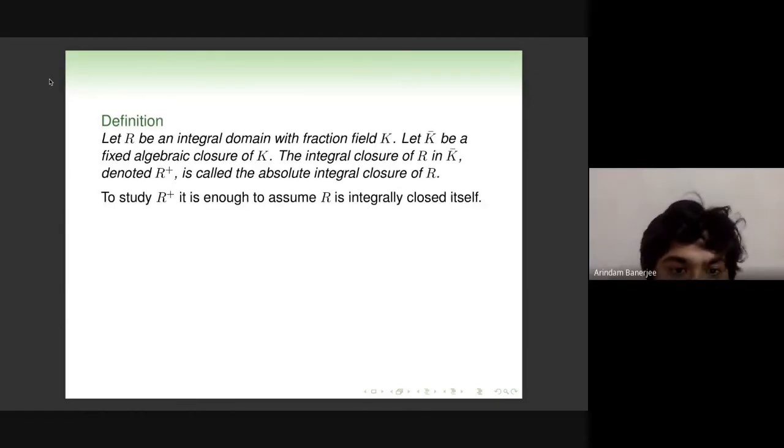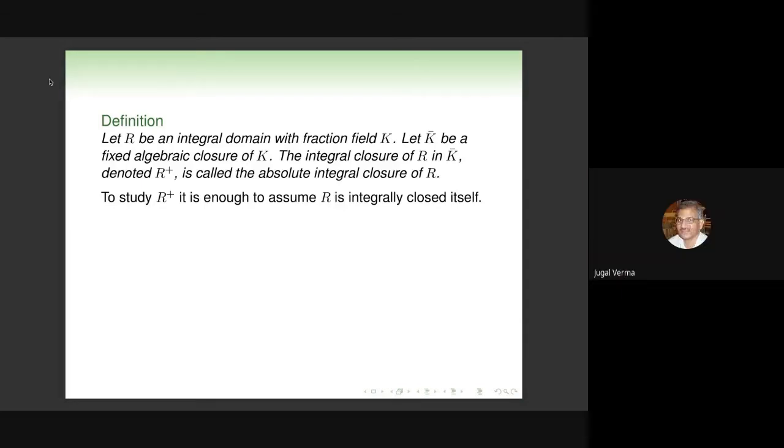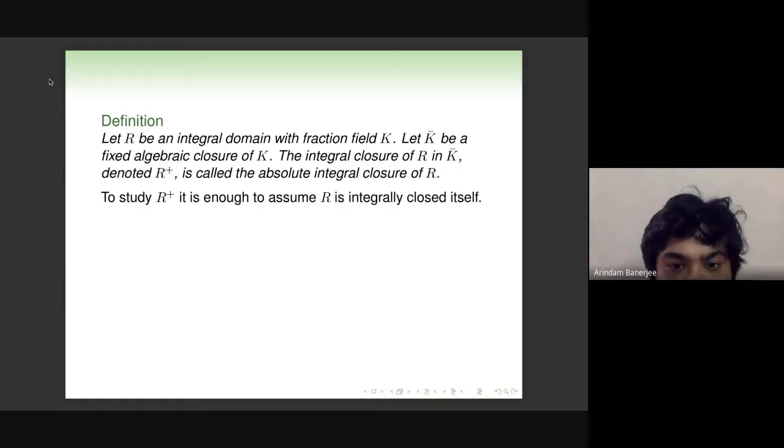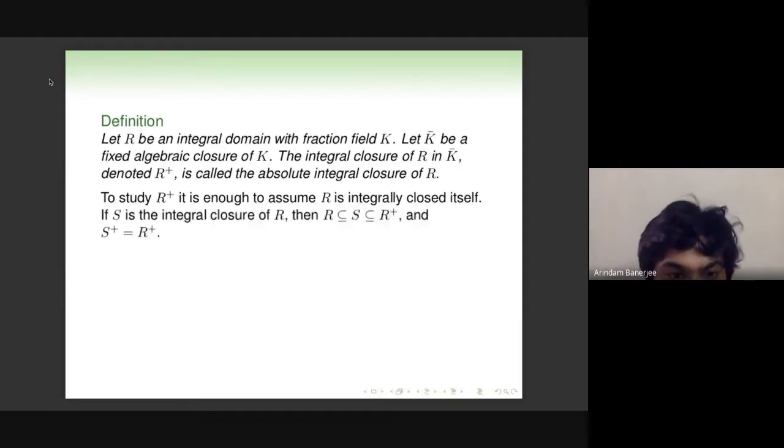To study R plus, let's first point out that it's enough to assume that R is integrally closed itself. By the way, let me a priori announce that I'm following Professor Huneke's notes on this topic, and at the end of the talk, I'll just mention which notes I'm following. So we'll first show that it's enough to assume that R is integrally closed itself.